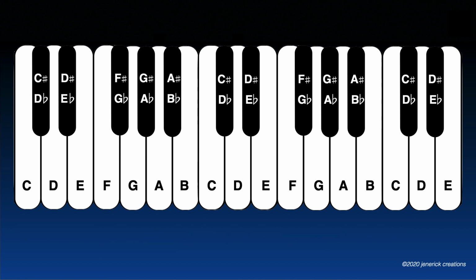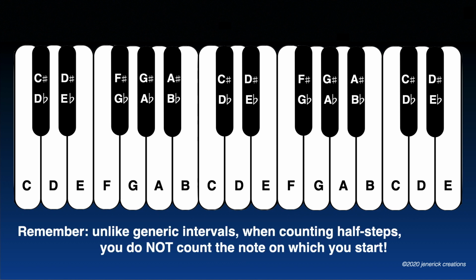So there's our A, and let's count each half step as we make the move. 1, 2, 3, 4, 5. Starting on A, going up 5 half steps would get you to D. Let's now try C sharp or D flat up to A. Remember, unlike generic intervals, when counting half steps, you do not count the note on which you start.